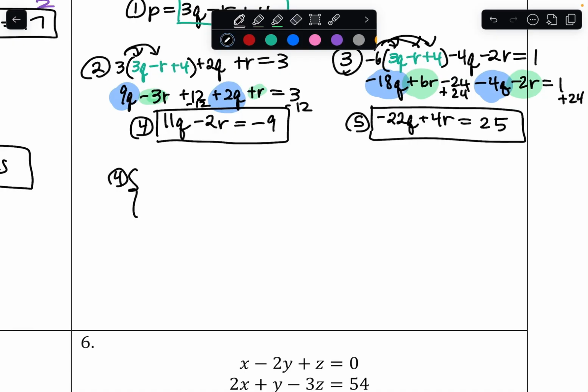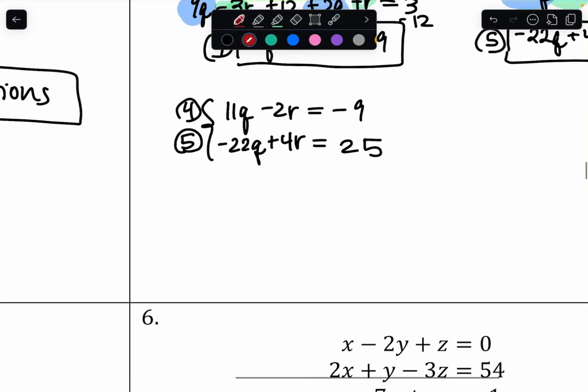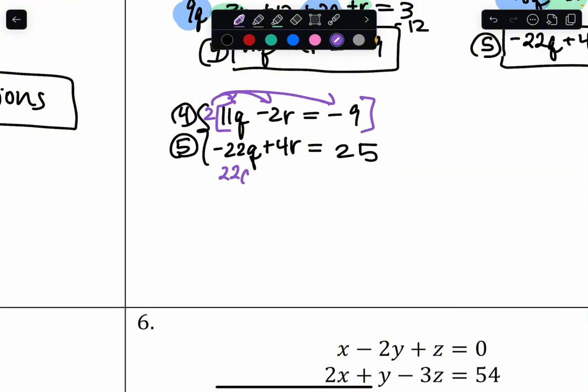So now when I write my 2x2 systems from 4 and 5, the q's will cancel by elimination if I multiply the top equation by 2. That would create a 0 pair in the q's. So my new equation would be 22q minus 4r, and then minus 18.